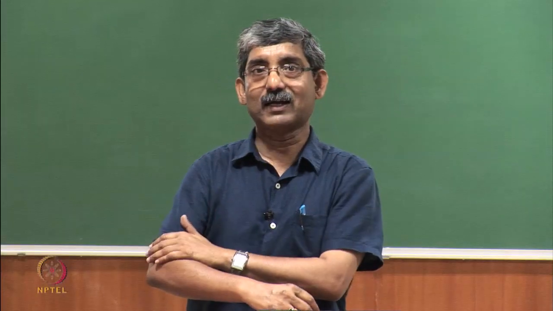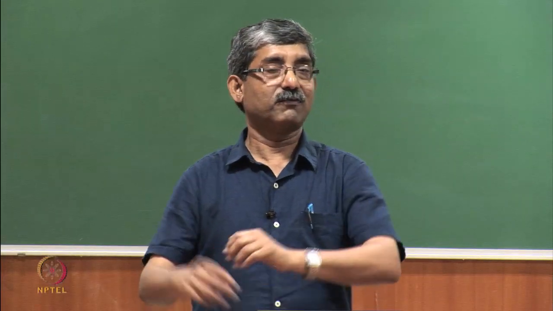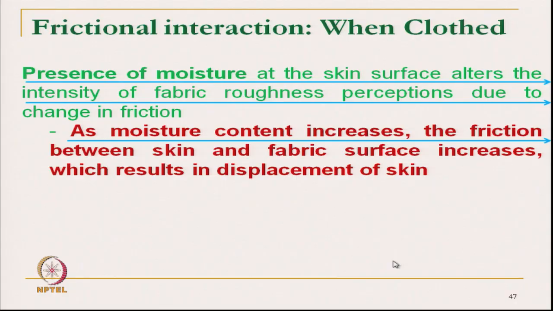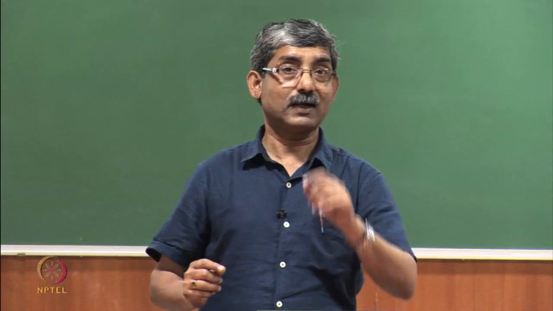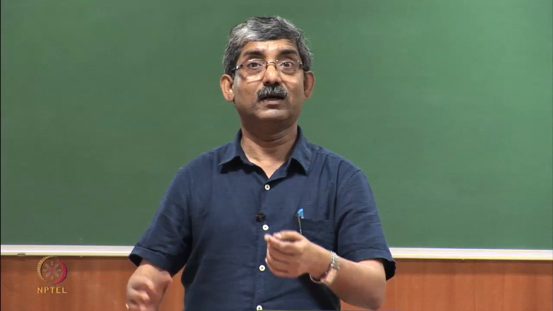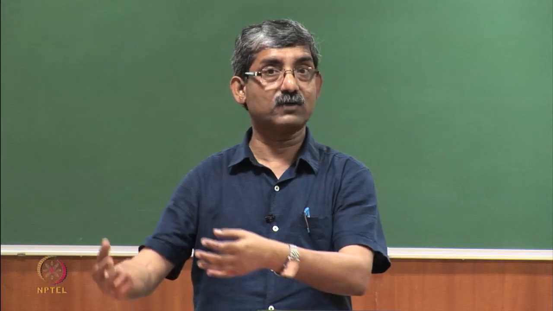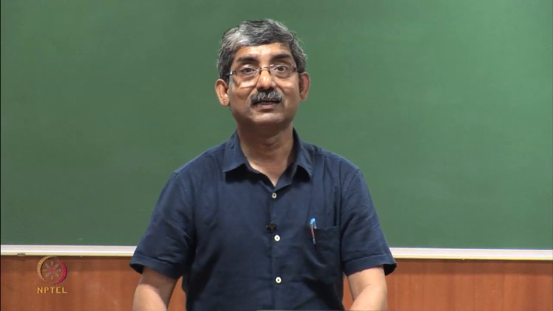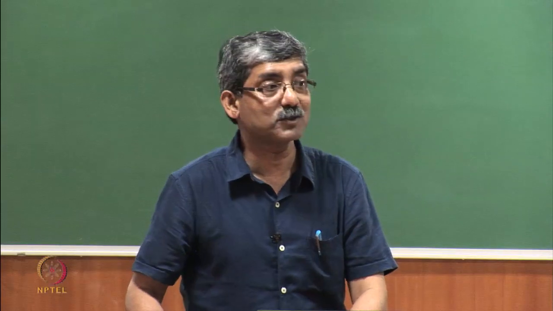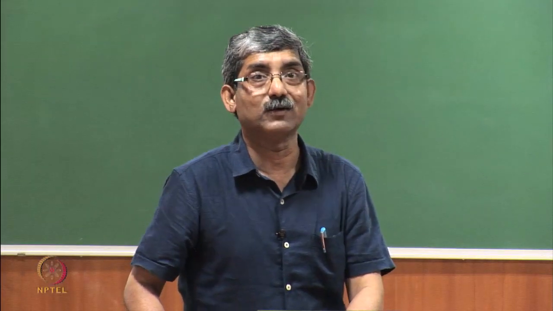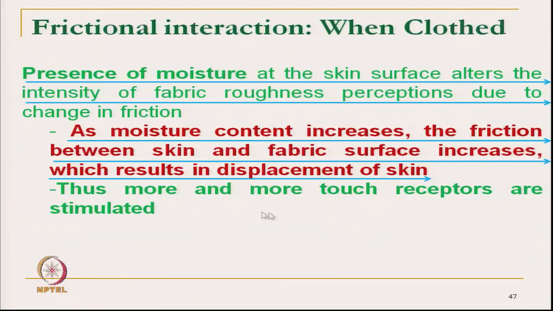Suppose in dry condition, when the skin is dry, the fabric will try to slip over the skin surface due to lower friction between skin and fabric, but as it gets wet, the friction is increased. So, it will try to pull the skin, which results in displacement of skin due to the pull of the fabric. So, more and more touch receptors are stimulated, and we will get a totally different type of sensation due to different receptors.